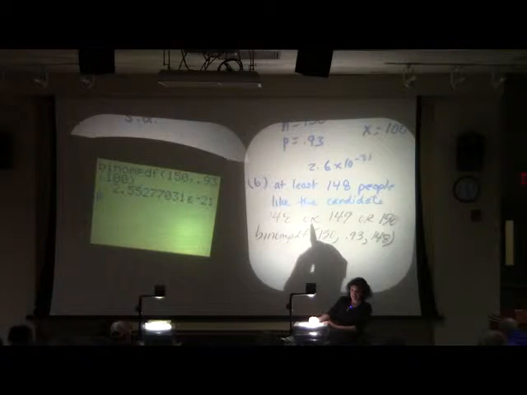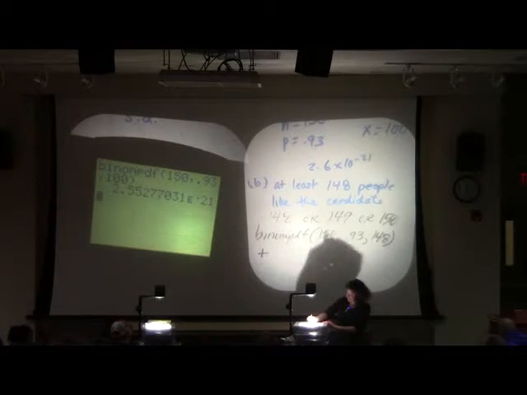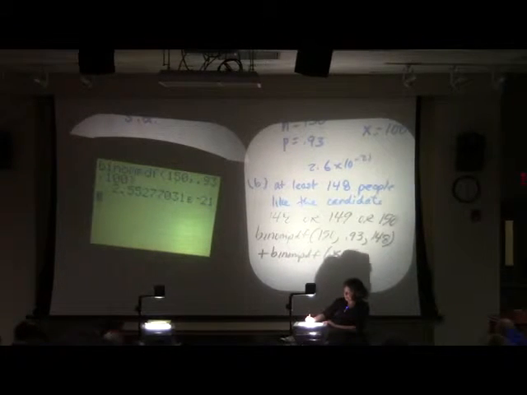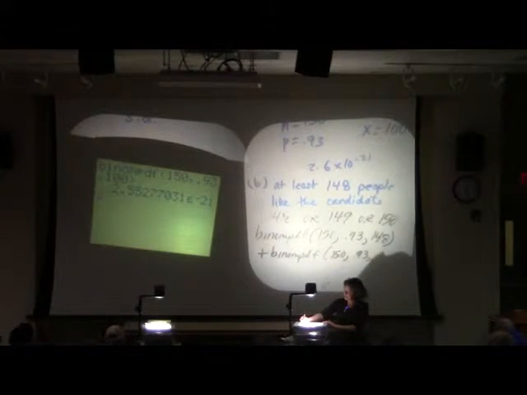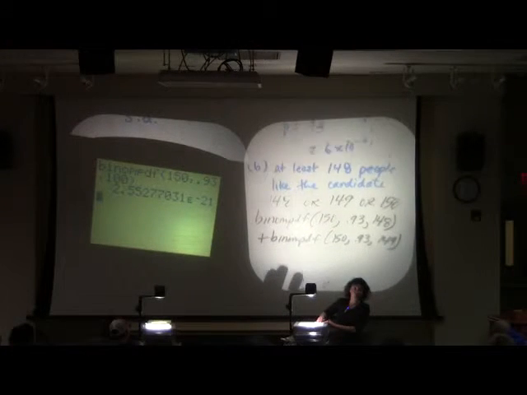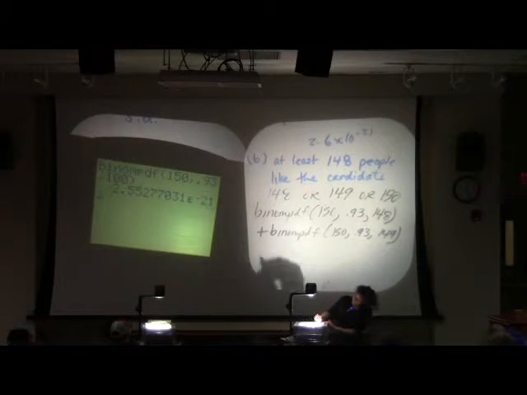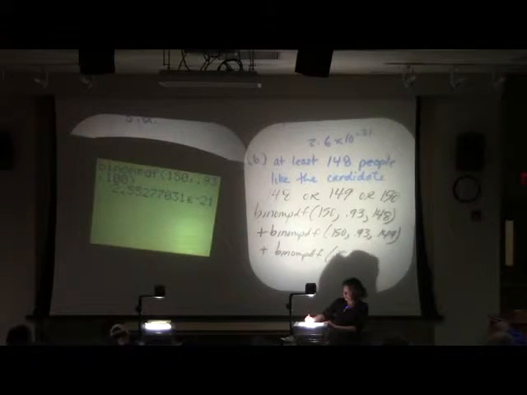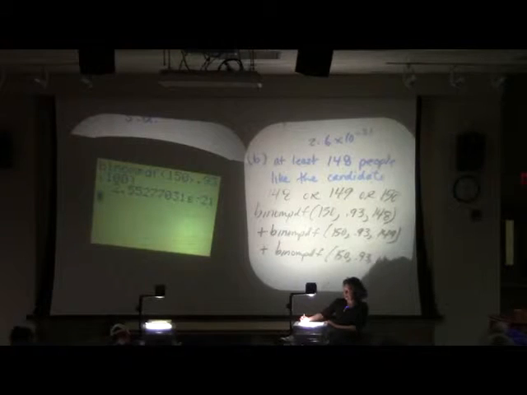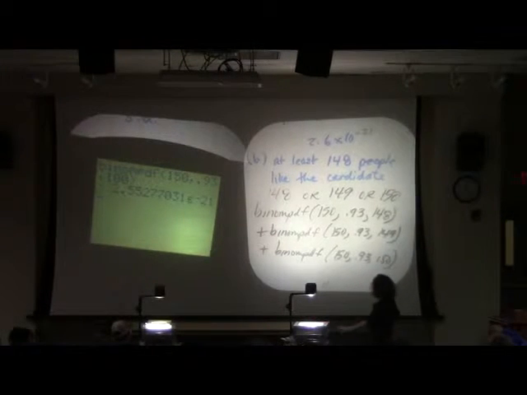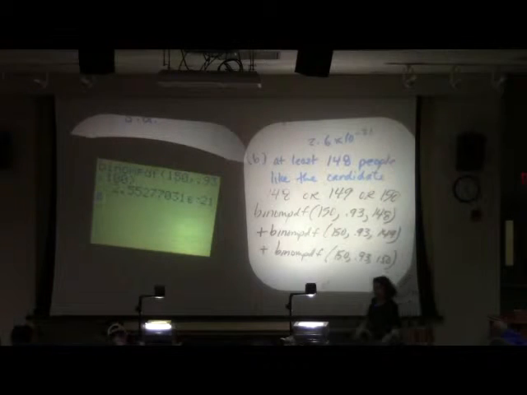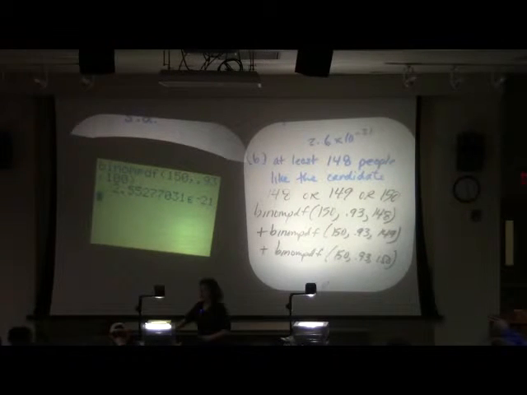What does OR tell us? Plus, now we do the same thing again. Your N and your P do not change, but now my X value is 149. Or, so we have another binomial PDF, and we have 150, comma, 0.93, comma, 150. Is that a pain? It is kind of.